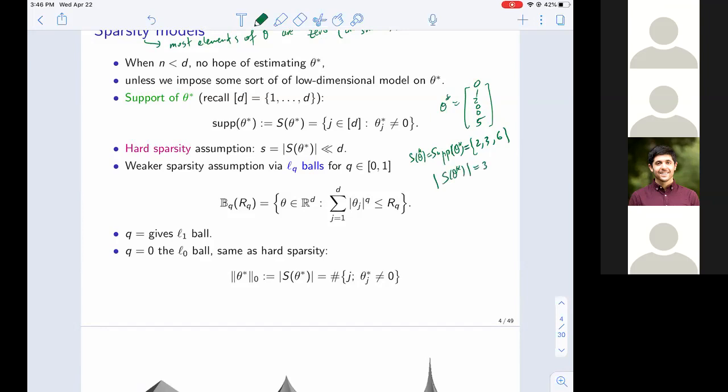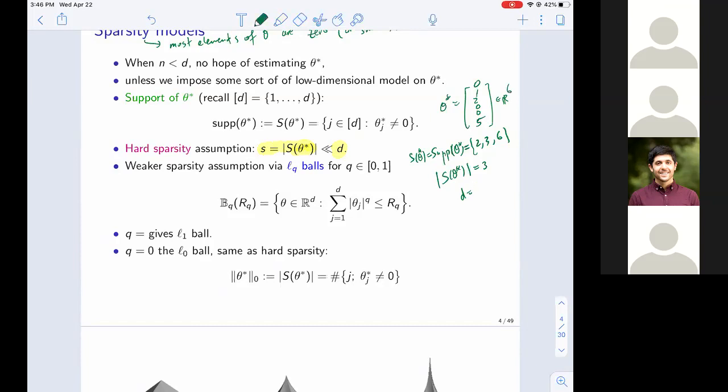3, the number of non-zero elements, and this is sometimes called the L0 norm. You can assume, for example, that this size is S, and S is much less than D, the dimension of the vector. In this case it is not much less: this is in R to the 6, so D is 6 and S is 3.